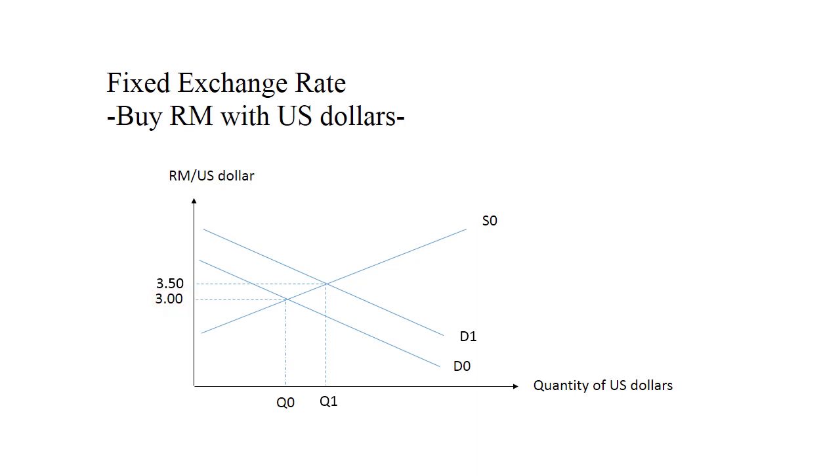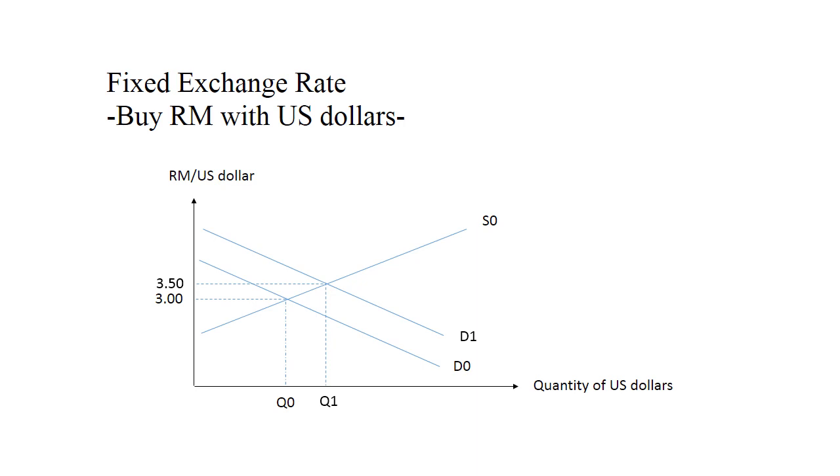Now with 1 US dollar, they can get 3 ringgit and 50 cents. It means that more Malaysian ringgit can be gotten by Americans when the US dollar appreciates.